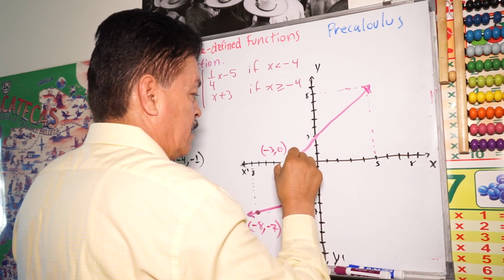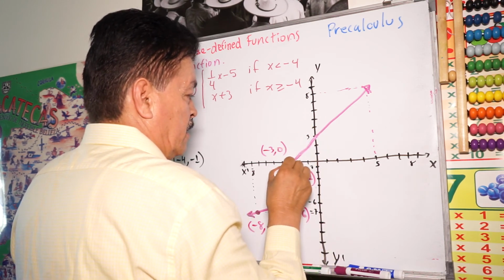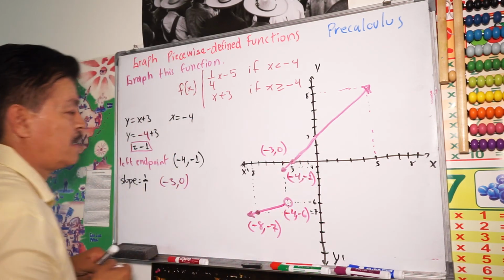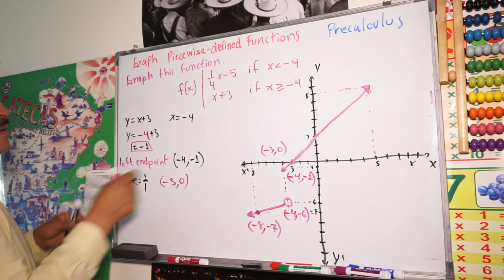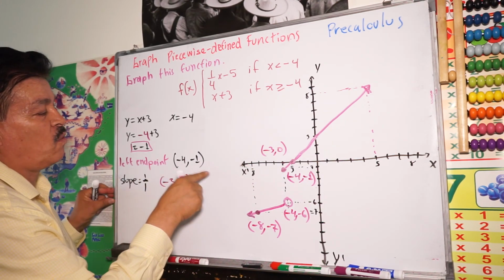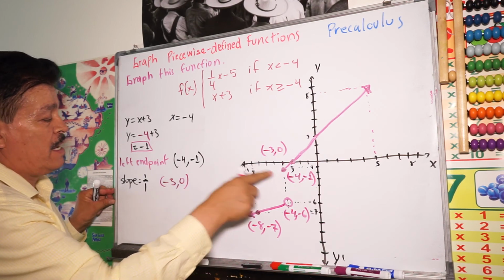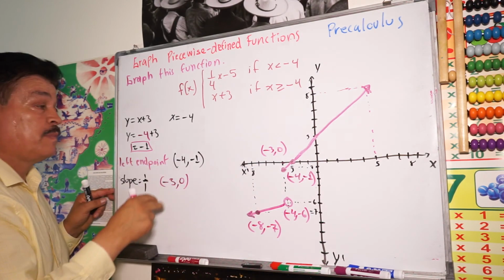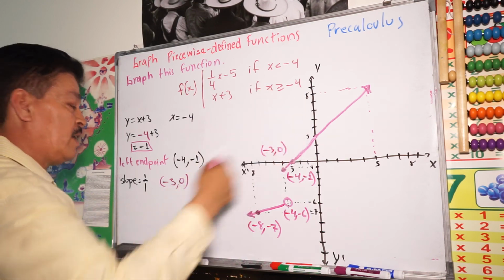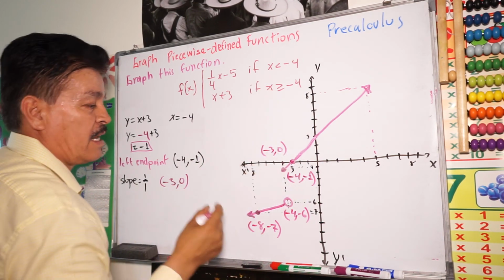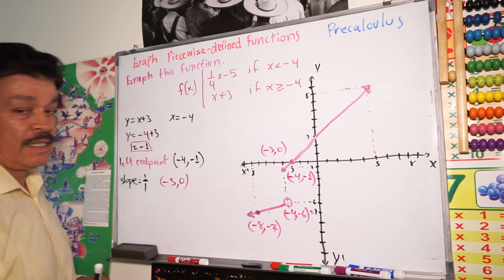There are two points here: the endpoint at -4, -1, and the other point, where the graph passes through 3, 0. So this is the function.